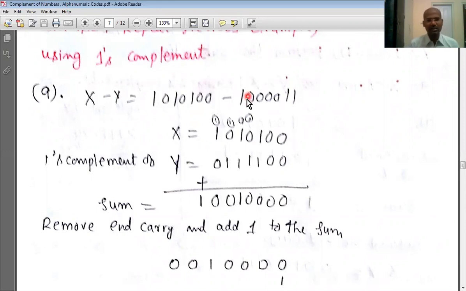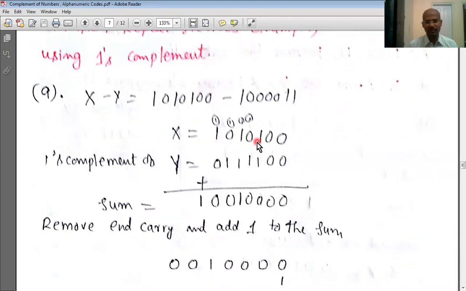Now let's see how subtraction can be done using 1's complement. Let's see the first one, part A. X minus y equals, this is our x and this is our y. So write x directly: x is 1 0 1 0 1 0 0.